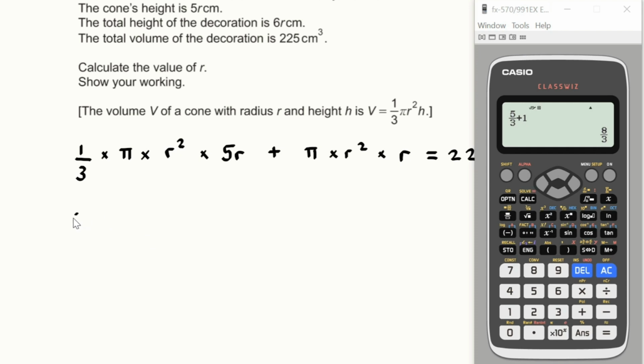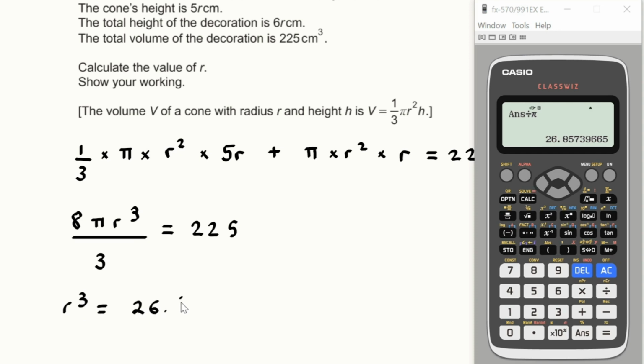So I've got 8 pi r cubed divided by 3 equals 225. Then I divide 225 by this, and if I divide by pi, I've got r cubed, which is equal to 26.85.